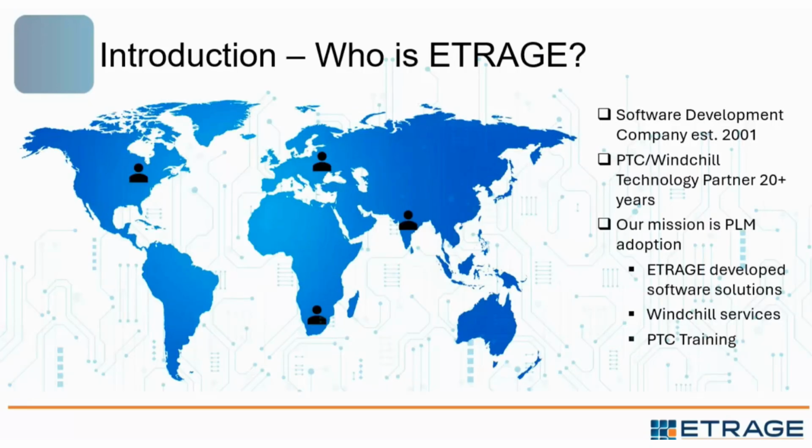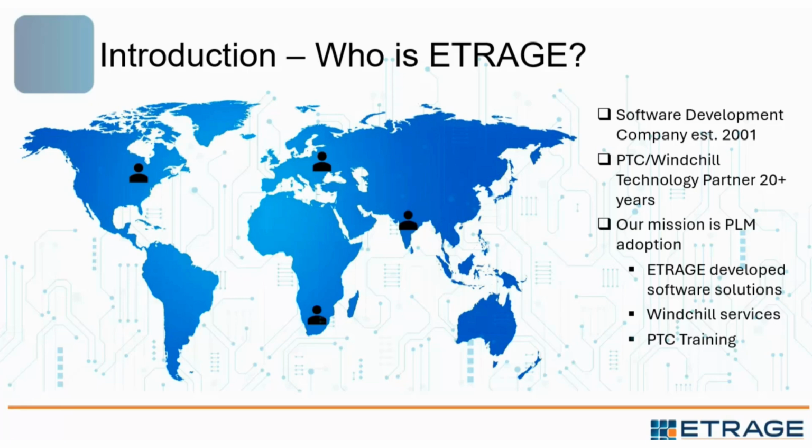So who is ETRAGE? ETRAGE started as a software development company over 20 years ago. Since then, we have expanded our offerings to support product lifecycle management, also known as PLM. We do this for the adoption to be able to extend beyond engineering and across your entire manufacturing enterprise.